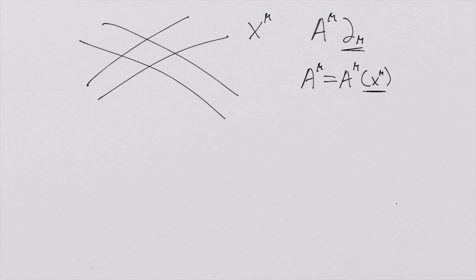Whether I explicitly put it there or not, A mu is always a function of space-time, and therefore I'm now talking about a vector field, we call it now, once it becomes a function of space-time, it becomes a field. That's really the touchstone of being a field. So a vector field is just a vector whose components are functions of space-time, and in our case we're using the coordinate basis.